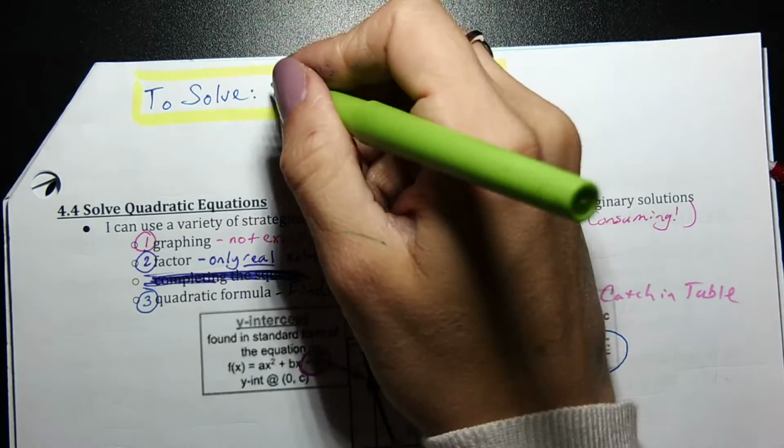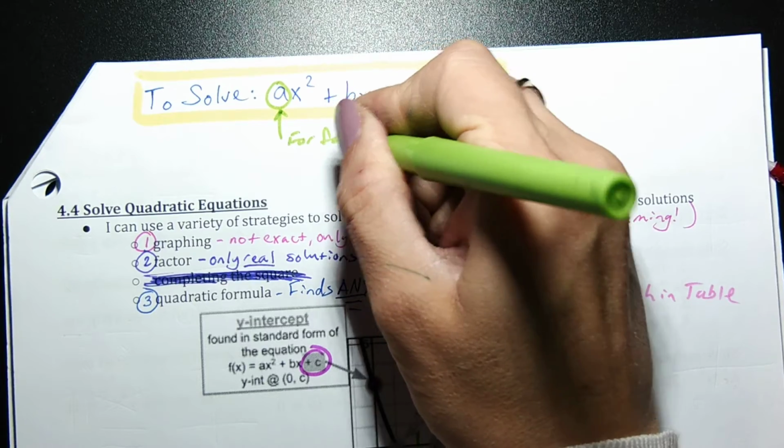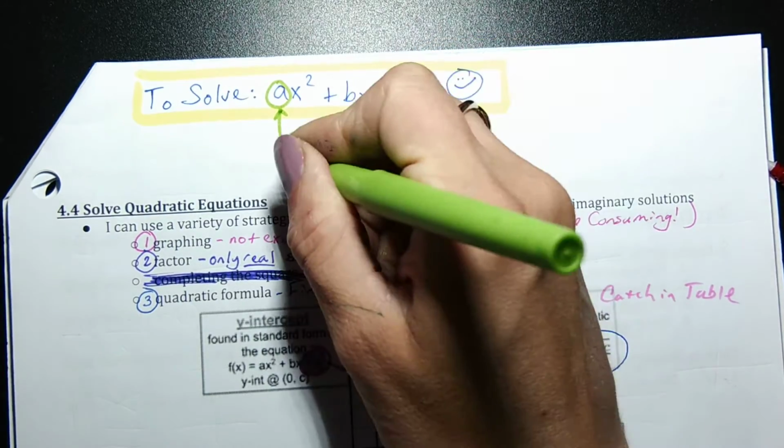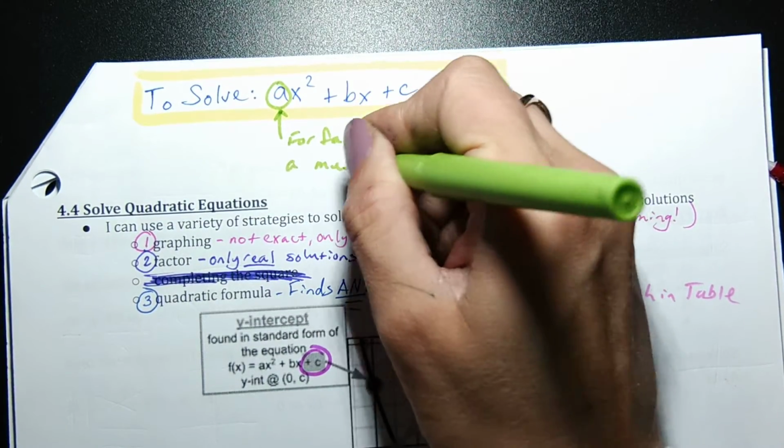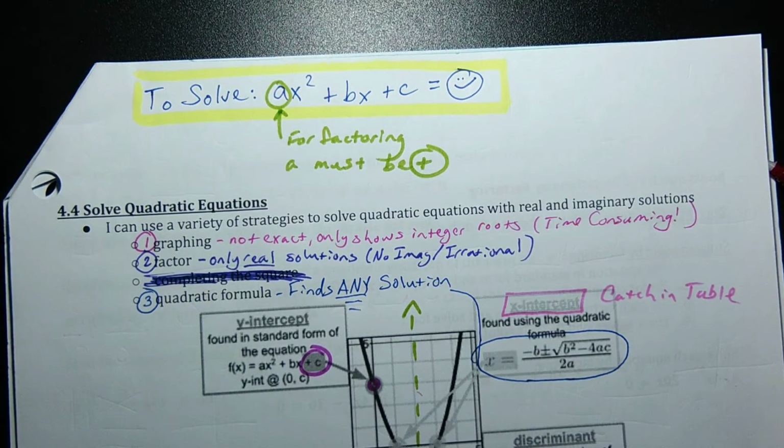Now, for factoring, a must be positive. It doesn't have to be positive for the other methods, but you'll find that your work is a little bit easier if it is positive.